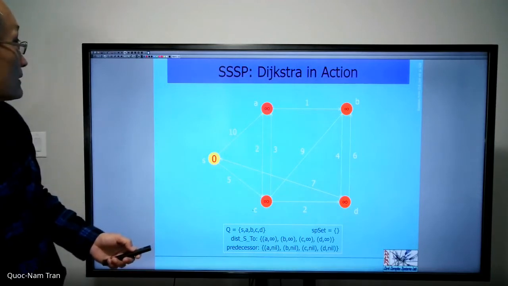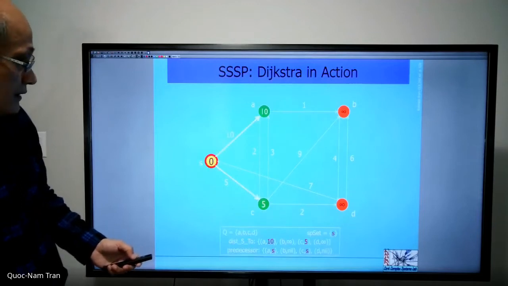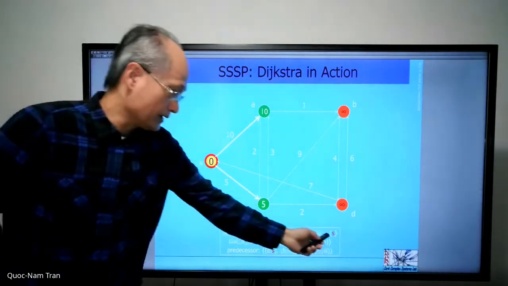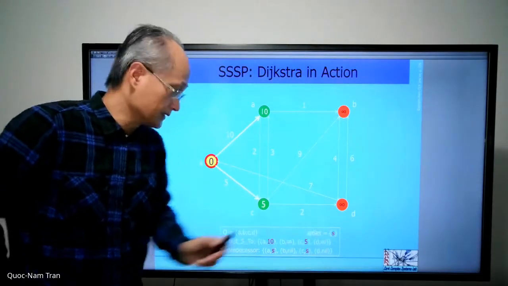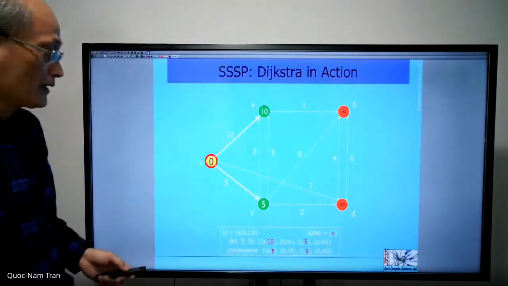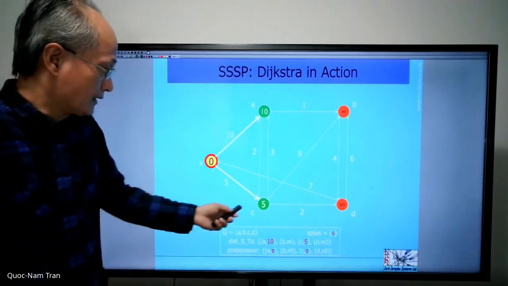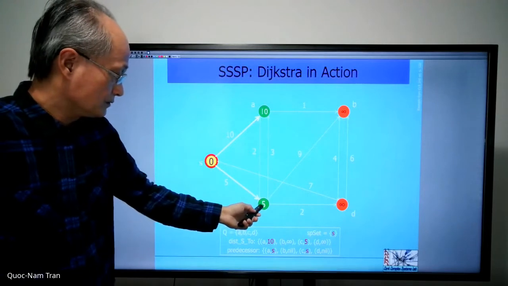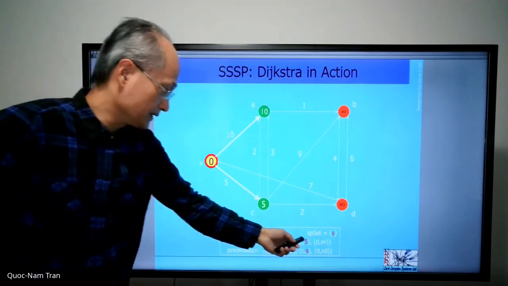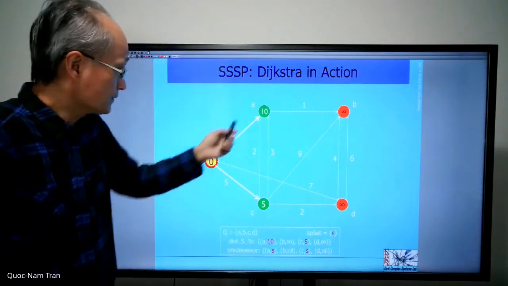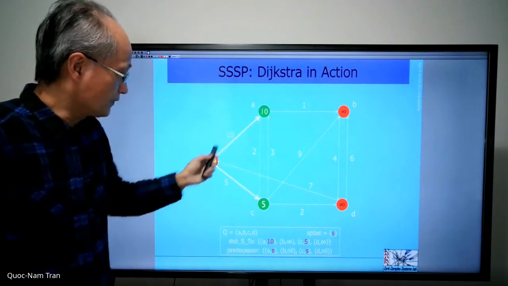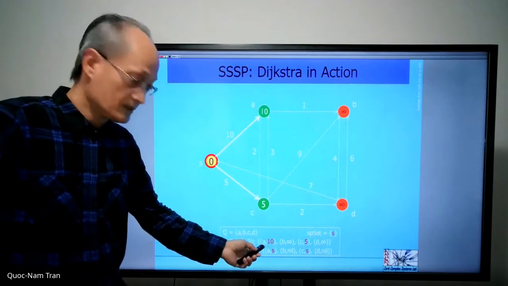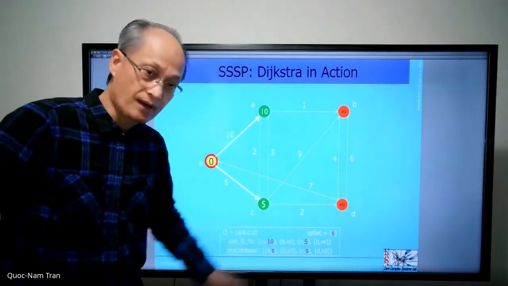Now, S is the starting point, and we will try to update. The shortest distance from S to C is 5, and to A is 10, because we have only 2 edges. So the shortest distance to A is 10, to C is 5.